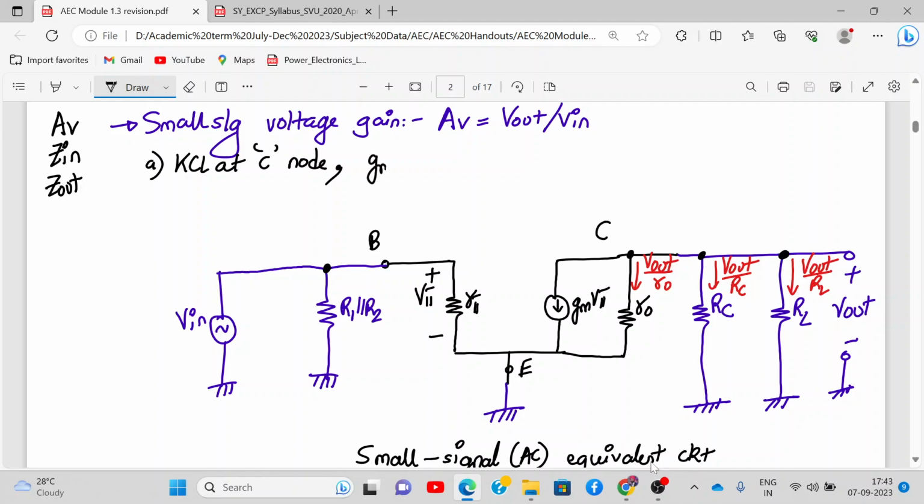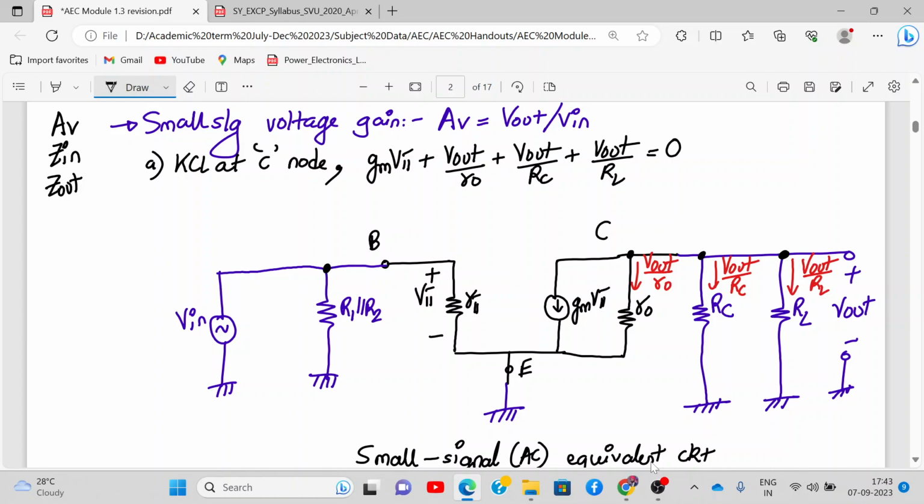So I'll write Gm into V pi plus V out upon RO plus V out upon RC plus V out upon RL is equal to 0. Correct? Yes or no? Yes, sir.